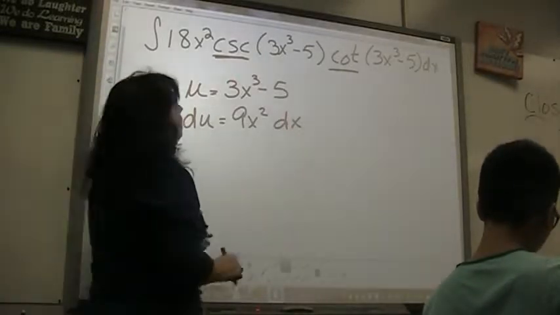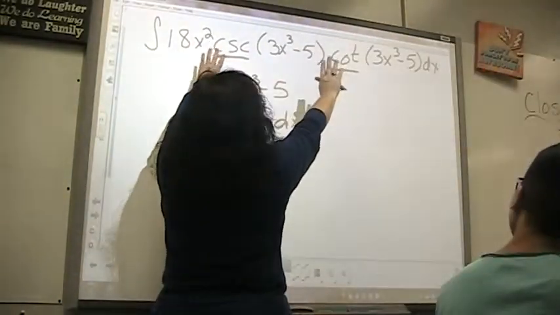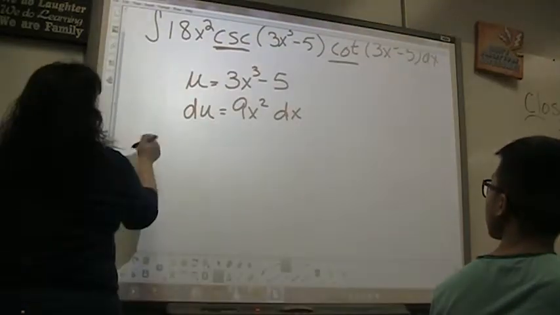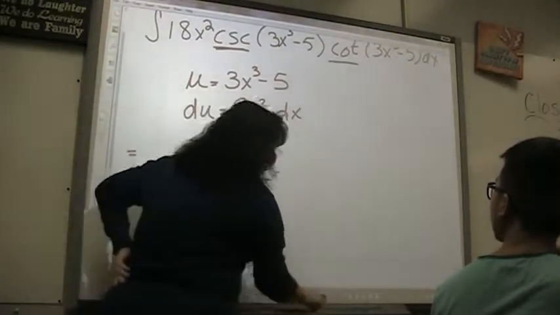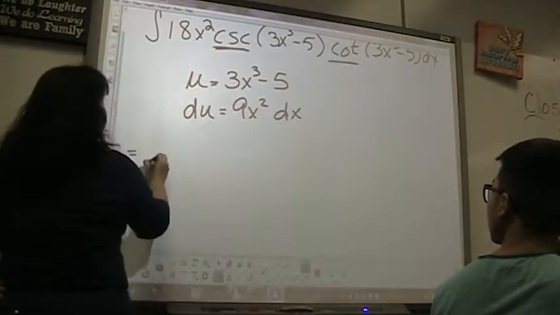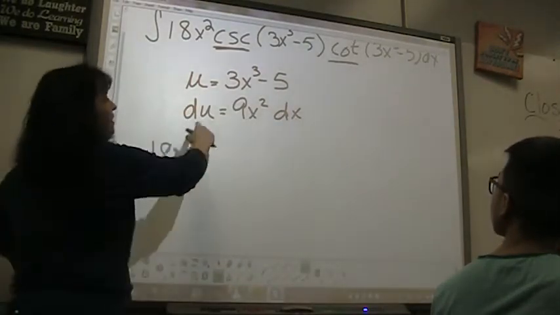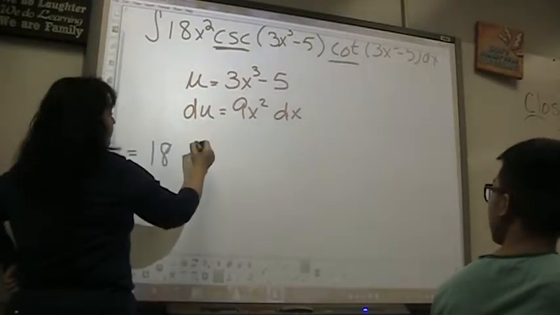Okay, so let me do this. Let me rewrite this original, and change colors. I'm going to put the 18 on the outside because I don't have anything to match up with that, right?